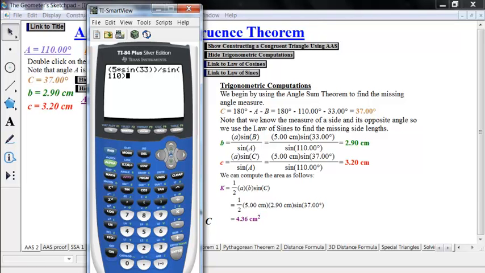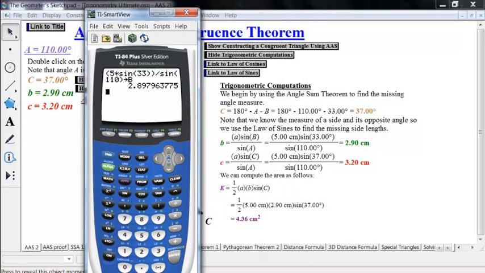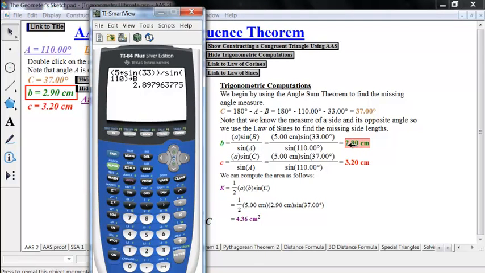And that will be side B. Let me store it as B. Might want it again in a minute. So it's 2.897963775 as far as the calculator goes, or about 2.90, whatever our length units are for A. So if A is in centimeters, then B will be in centimeters as well.